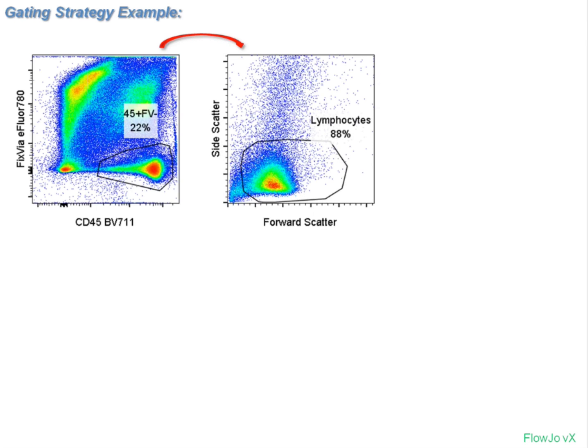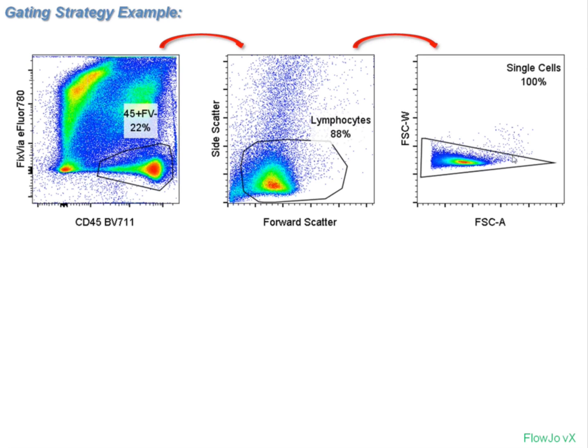So my first step is to pull out my viable leukocytes. Then I've put on my classic forward versus side scatter to identify my lymphocyte gate. I've drilled down into that population and excluded the few doublets where two cells have stuck together, so we have what we call a single cell gate.